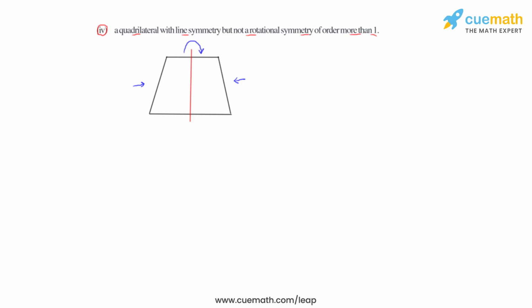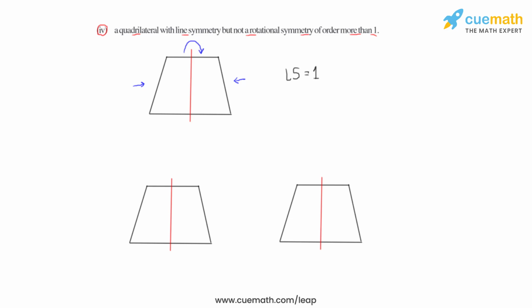So we can say for this particular figure, the number of line symmetry is 1 based on the orientation of the figure. Now when it comes to its rotational symmetry, we've taken the same trapezium, and let me just mark this point as the reference, which will help us track the rotation of the figure.